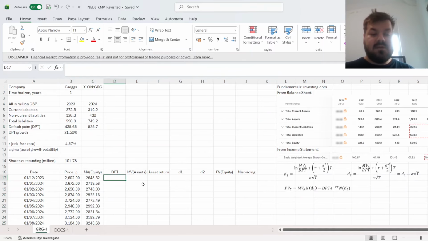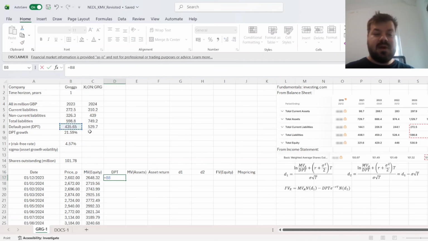And now for default point month on month, we make a reasonable and simple enough assumption that it grows uniformly across the year. So we start with the 2023 figure, and then we grow it by the annual growth rate. But obviously, because it's month by month, we raise it to the power of 1 over 12.